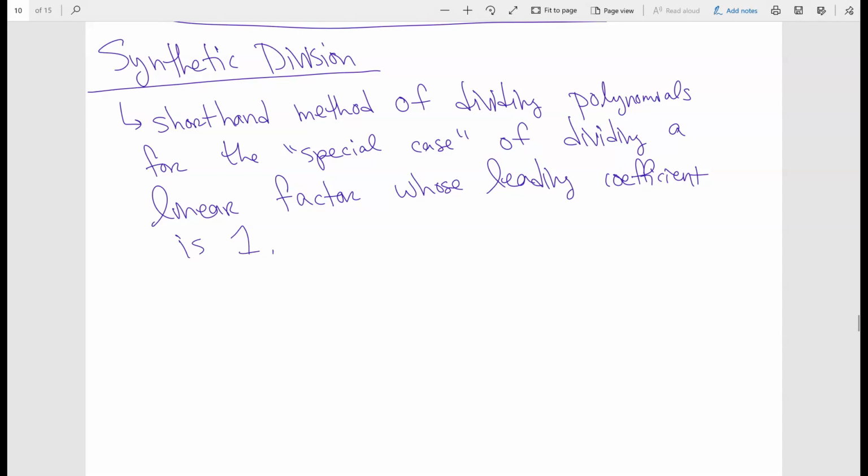So it's just a shorthand method of dividing polynomials for the special case of dividing a linear factor whose leading coefficient is 1.